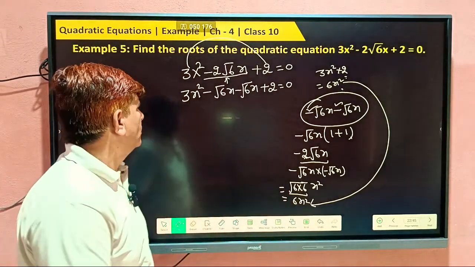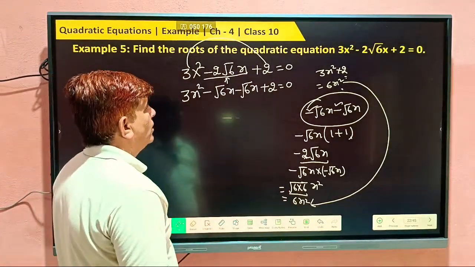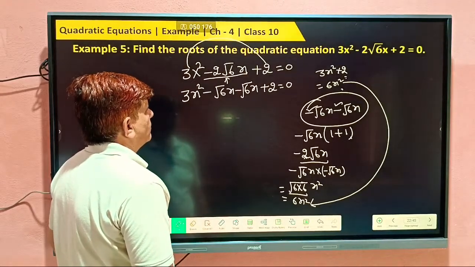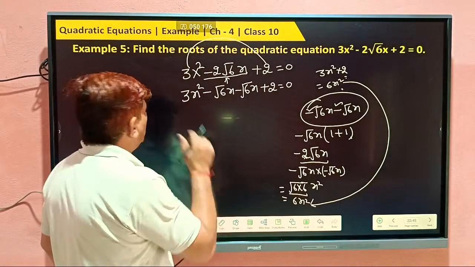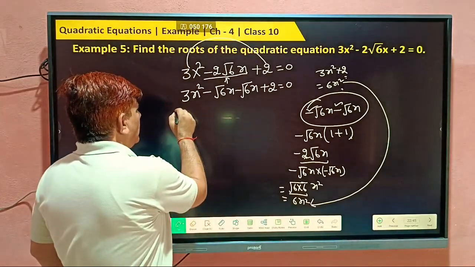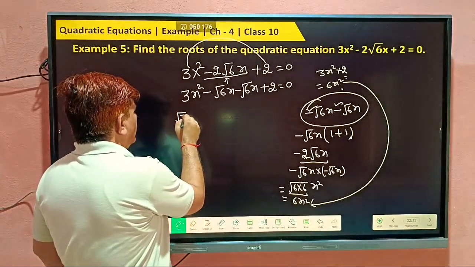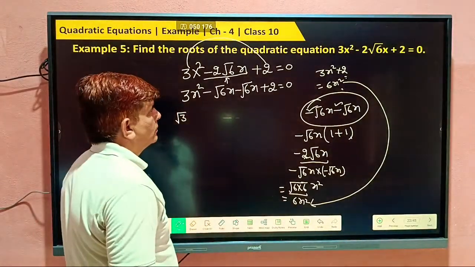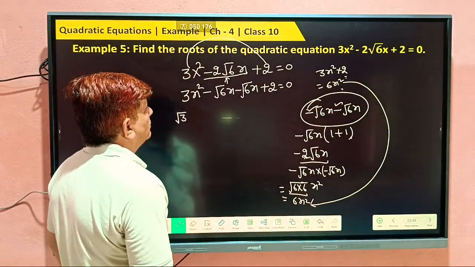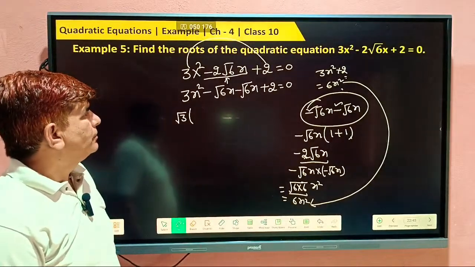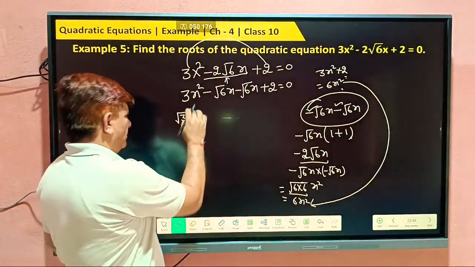You will easily be able to solve it. So what's common? Anything common here? What can you take common here? Under root 3 you can take common. So what is left here? Tell me. Under root x, sorry.